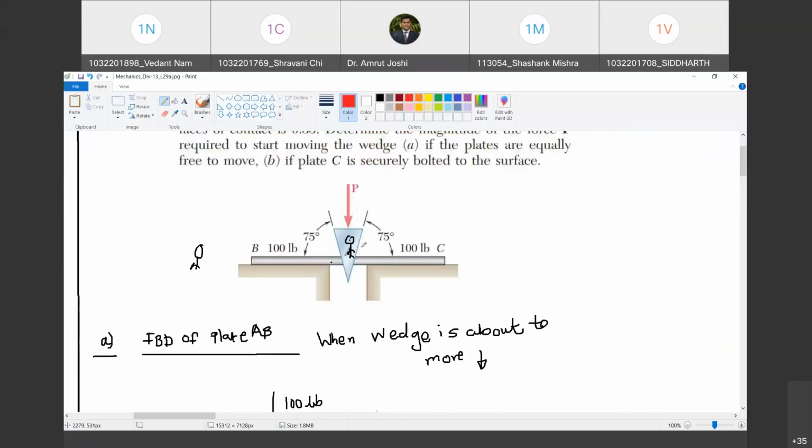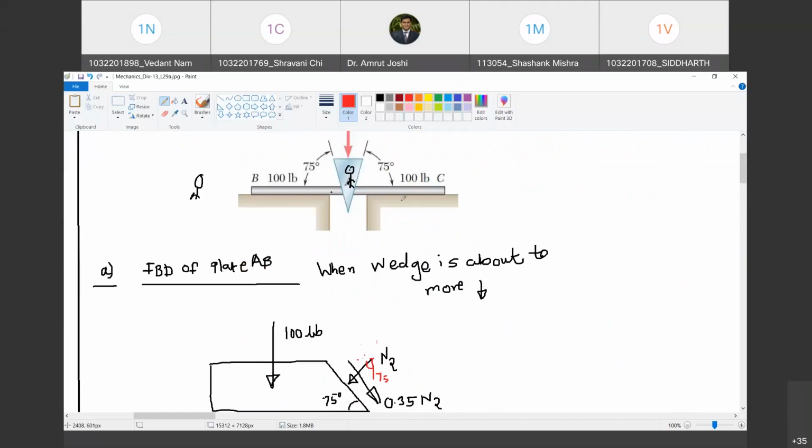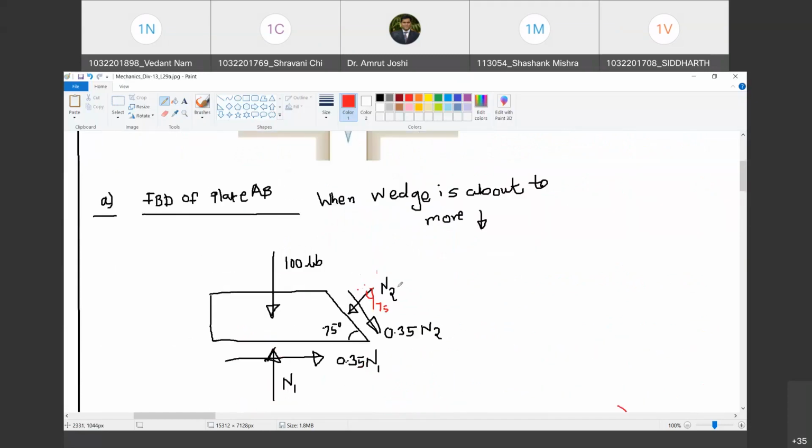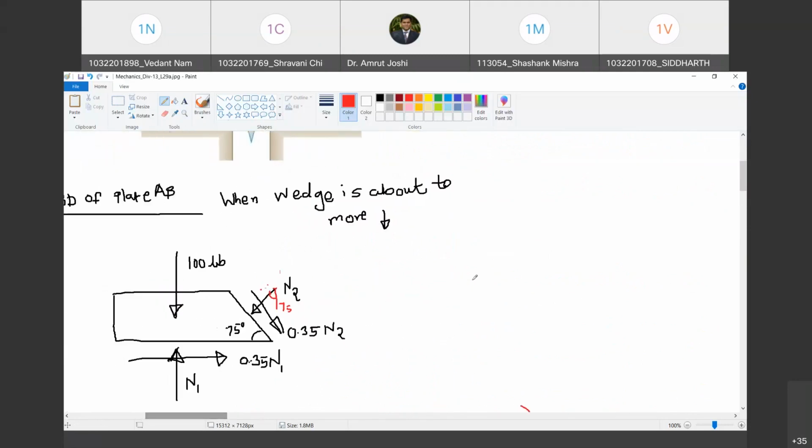What should we do next? If I draw the free body diagram of the plate BC, I am going to get the same answers. Do you agree with me? So I will draw the free body diagram of plate BC here itself. It will look like this.